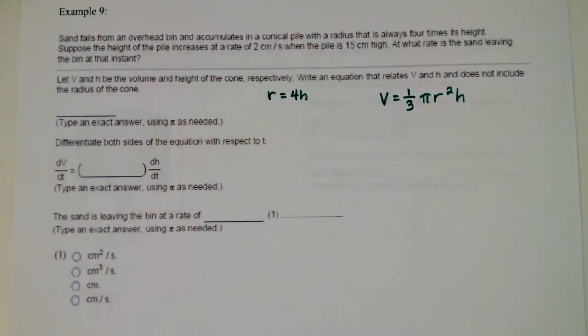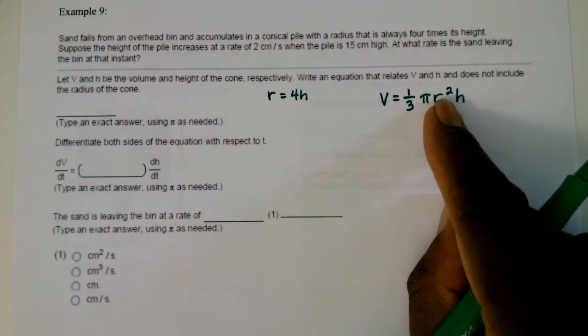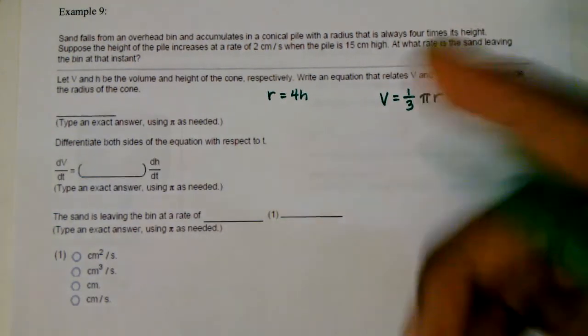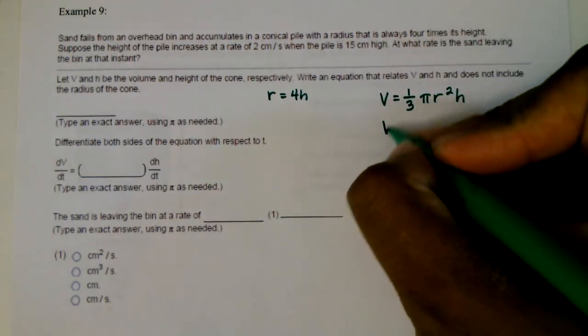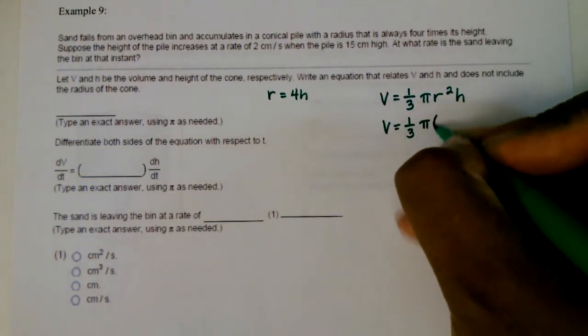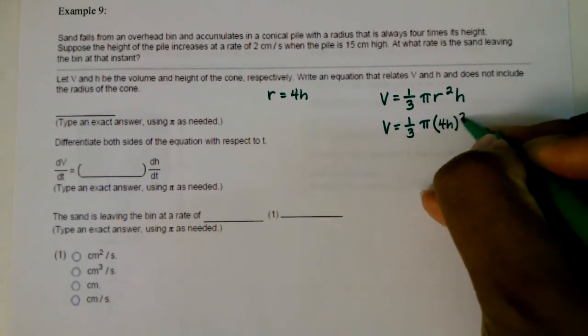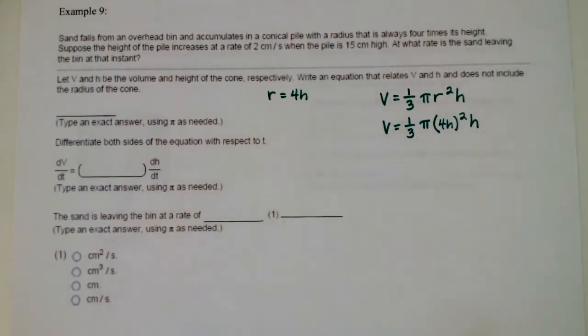So if I take that and substitute it for R in this formula for the volume of that right circular cone, here's what I have. V is equal to 1/3 times pi times, substitute the R with the 4h, so it'll be 4h squared, times h.